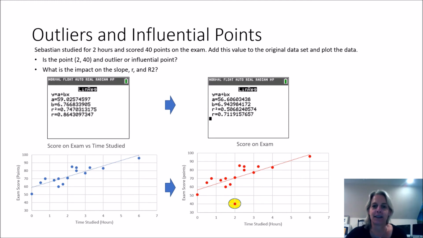So we're going to add this value to our original data set and then go and plot the data. So I'm also going to go ahead and do the linear regression in my calculator on our new data set. So on the left over here, we have the original data set, and on the right, we have our added point with Sebastian in here. And the point is circled down here in yellow.